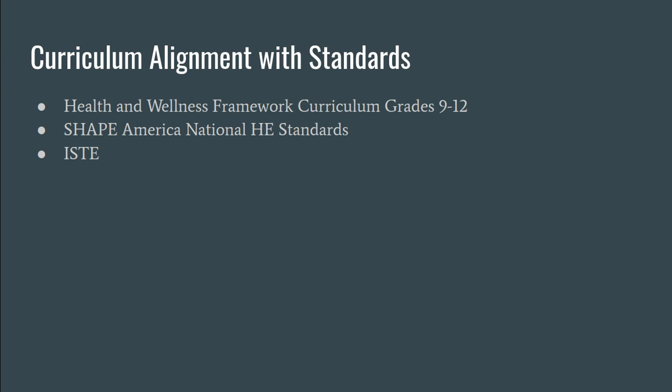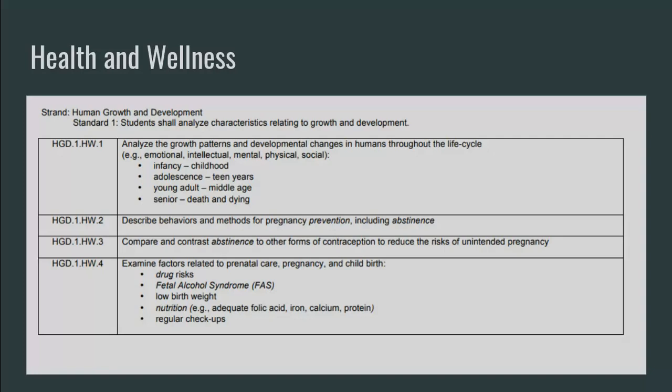For the curriculum alignment with the standards, this curriculum goes along with mainly the health and wellness frameworks for grades 9 through 12. SHAPE America and the ISTE are just basic standards for education and health education. Here's the health and wellness strand of human growth and development.